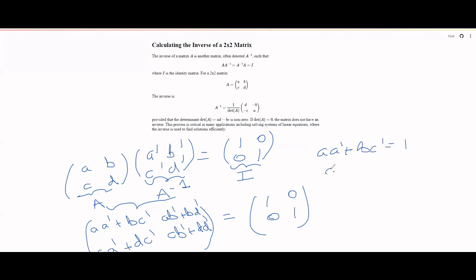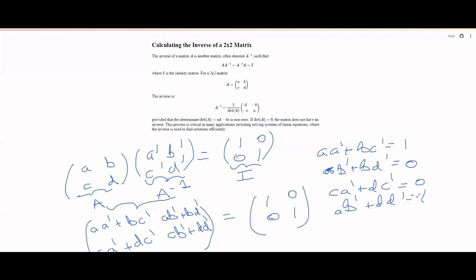I'm just rewriting this so it looks more intuitive in case you haven't done it. And please excuse my handwriting, but I suppose you're getting the gist of it right now. And then finally, A times B prime plus B times D prime equals 1.